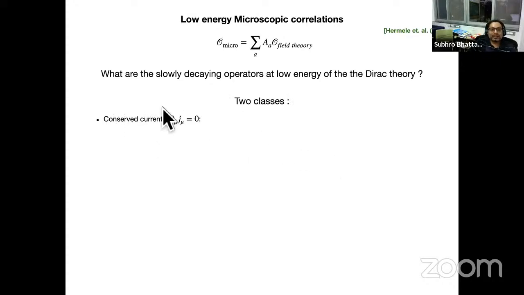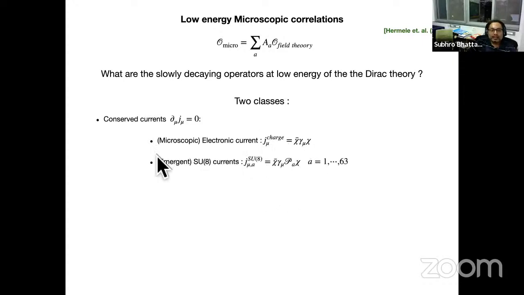One are the conserved currents, which give rise to Noether's theorems. In this case, these constitute the microscopic electronic current, because we started out with a theory where charge is conserved. And then since there is an SU8 symmetry, there are SU8 currents. There are 63 of them of this kind. The particular forms do not matter.